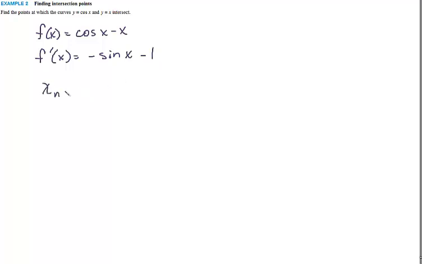Newton's method tells me I can use x sub n minus f of x, which is cosine x minus x, over negative sine x minus 1, and we can roll from there.